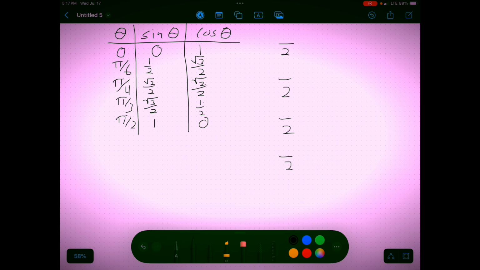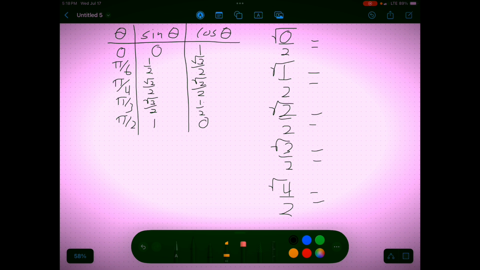Okay, and now I'm going to write 0, 1, 2, 3, and 4. Because if I just do everything over 2, that's a pattern. 0, 1, 2, 3, 4, that's a pattern. And now what I'm going to do is I'm going to put a square root over the numerator of every single one of these. And then I'm going to note what they're equal to.